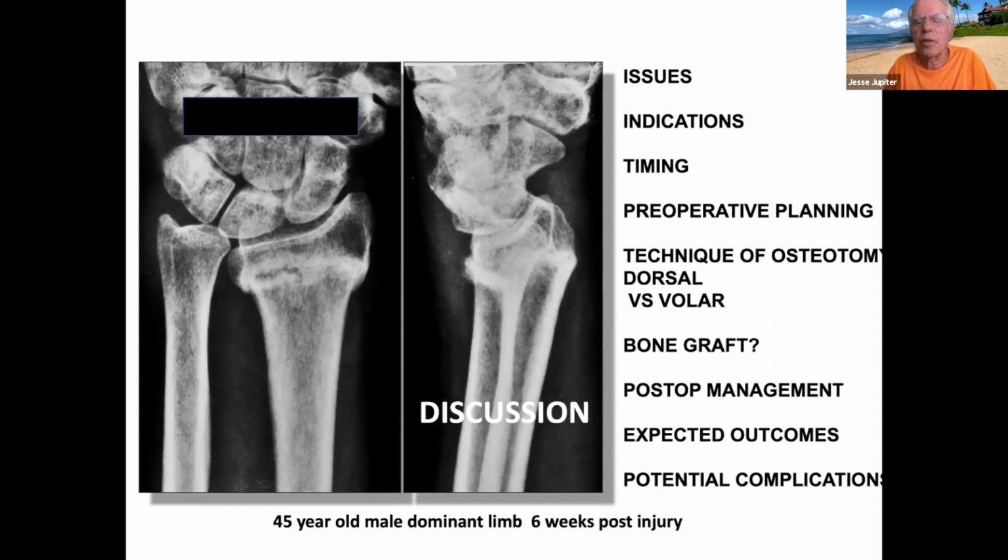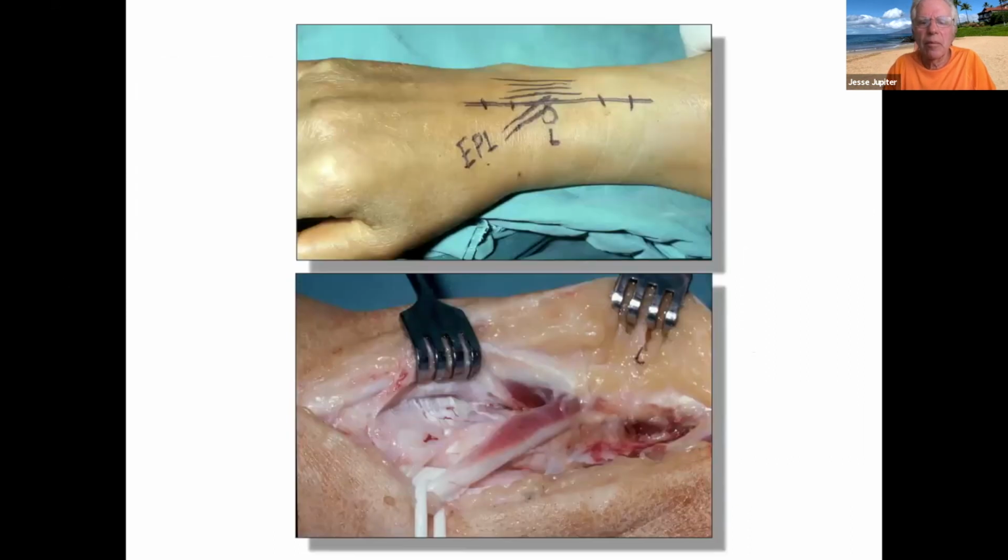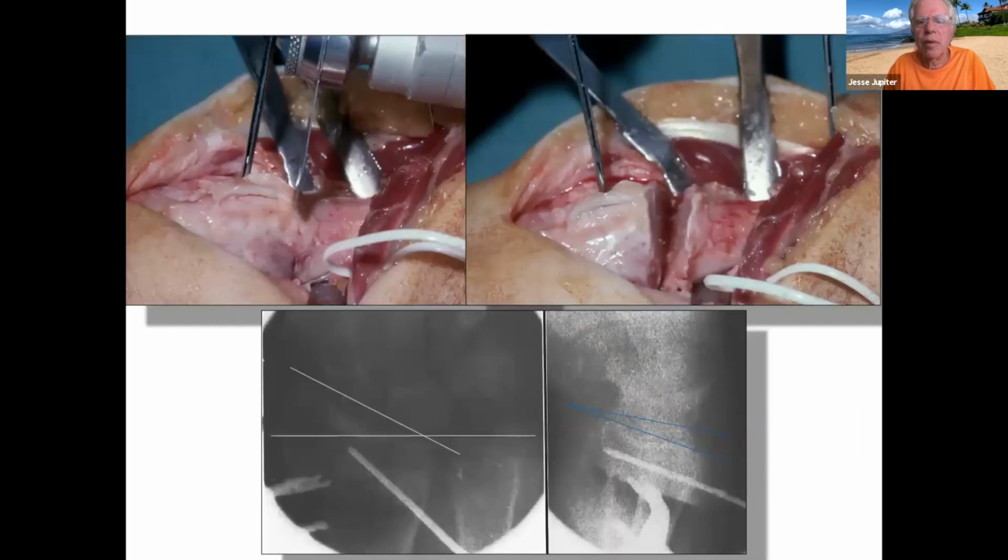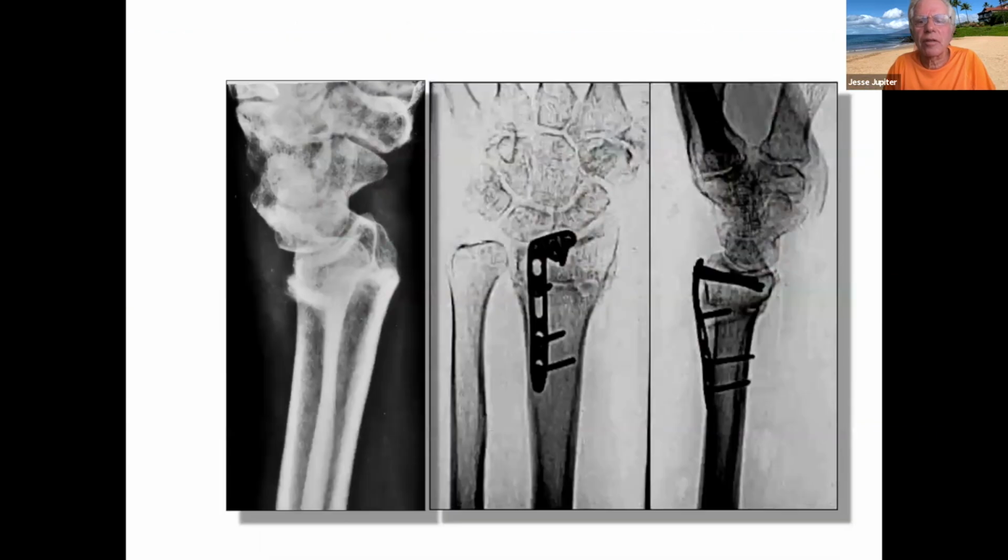But at 6 weeks, the bone might be somewhat osteopenic. And one has to be a little careful, even with lock screws, of doing that maneuver. So in this case, maybe a dorsal approach might be just as effective as illustrated here, because we're not having to lever the fragment down.